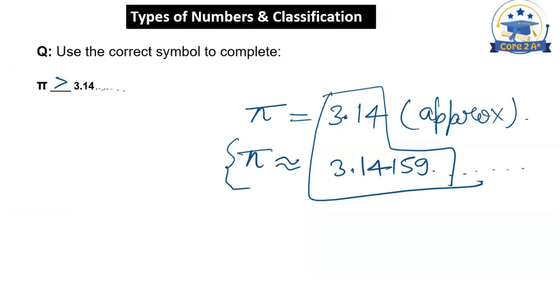It means it is a terminating number, right? 3.14, that's it. We will fill in the greater than symbol, right? So pi is greater than 3.14, but we only assume the approximate value for solving the question.